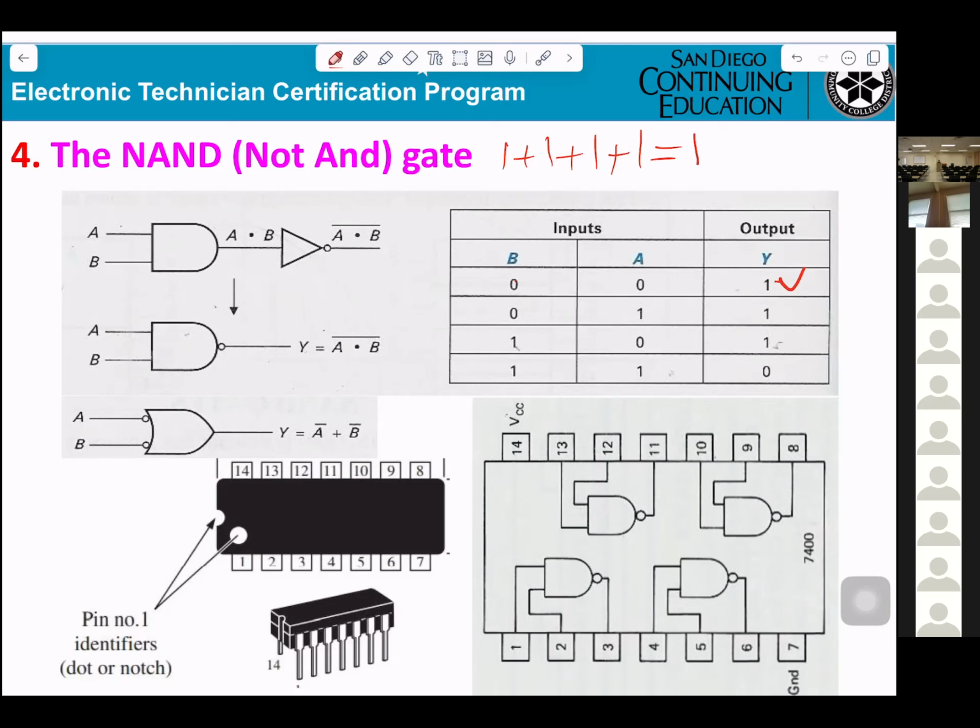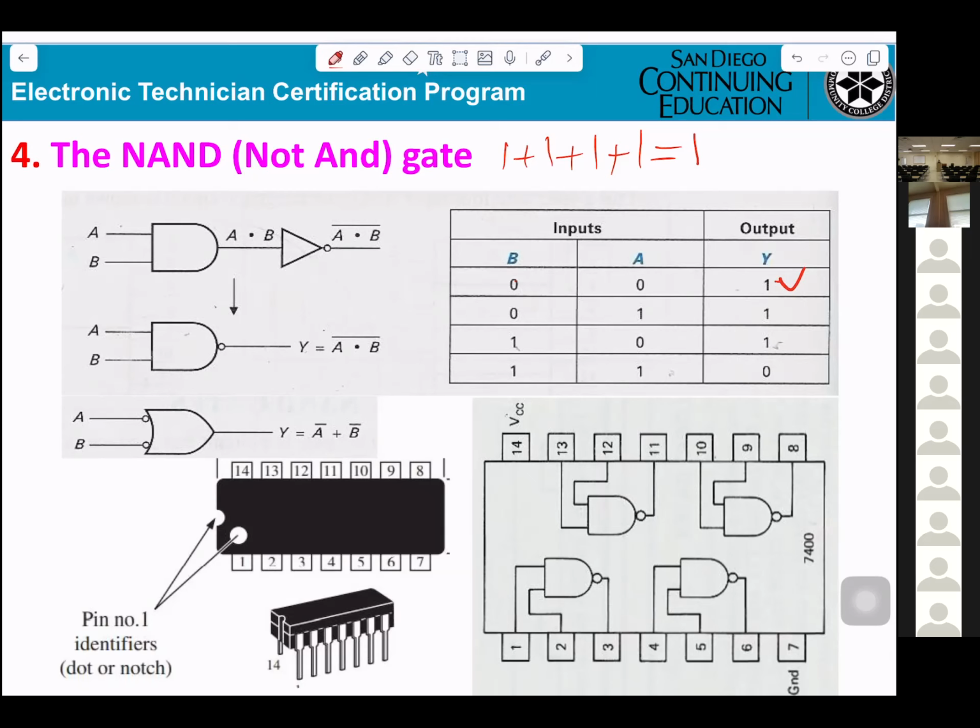Exactly. In the lab, you can get only 5 volt and ground 0. If you connect to 1, that means you connected to 5 volt. If you connect to ground, that means 0. Remember.